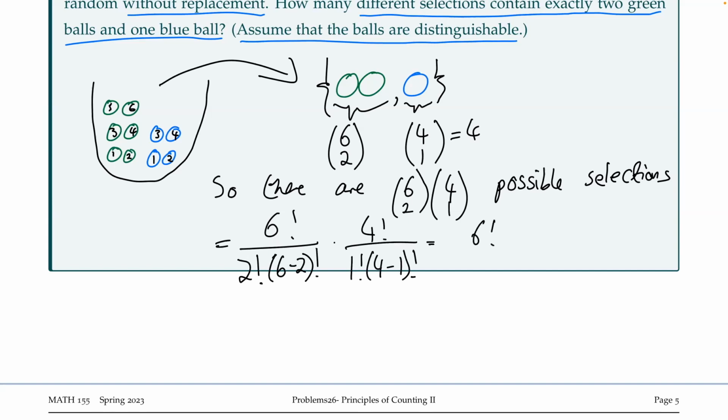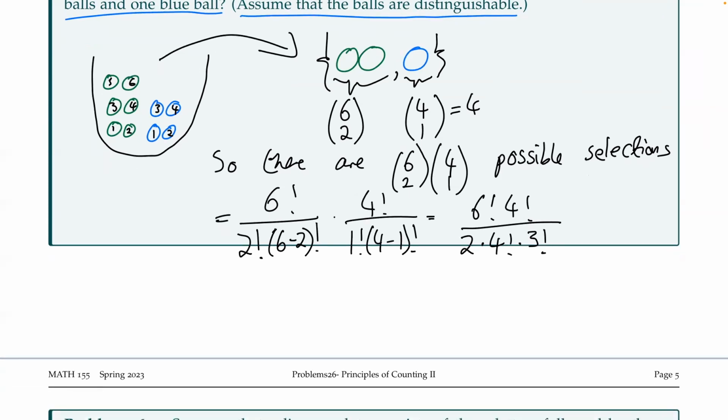So we have 6 factorial times 4 factorial over 2 factorial, which I'm just going to write as 2, times 4 factorial times 3 factorial. 1 factorial is just 1, 2 factorial is just 2. These 4 factorials can cancel.